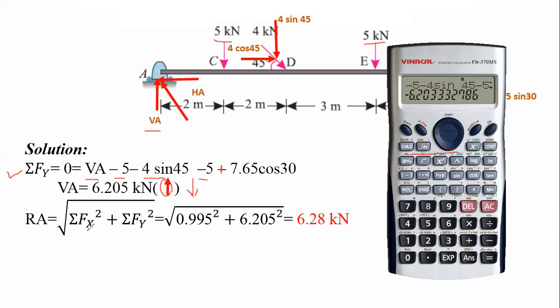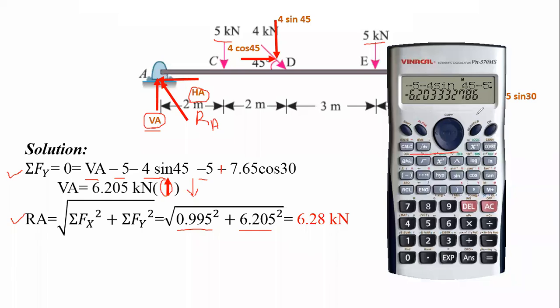Now if we put the values of the horizontal and vertical components, that is HA and VA, in this equation to find the reaction RA, reaction R is equal to the square root of HA square plus VA square, that is 0.995 square plus 6.25 square under root.